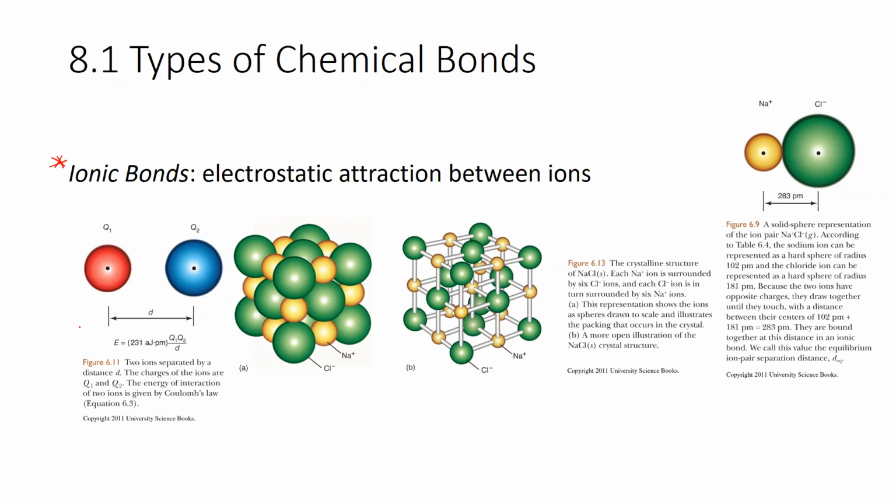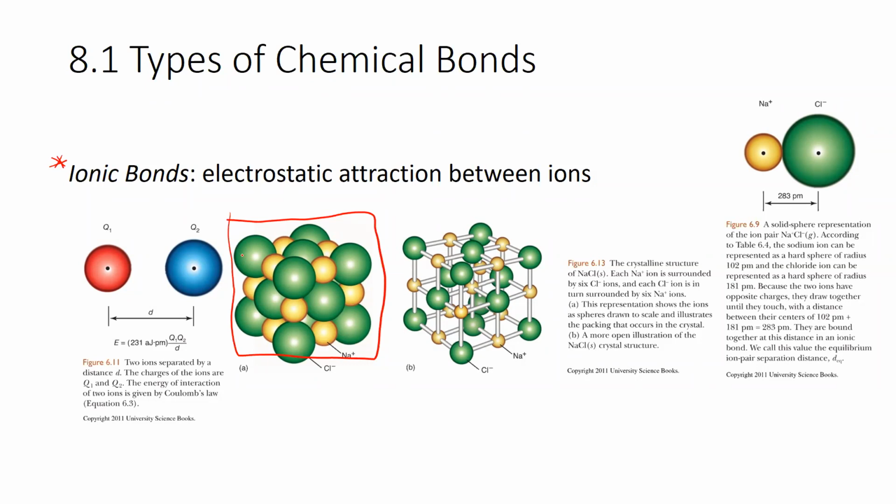So the energy of attraction between two ions. This figure here that I'm circling, that's a sodium chloride crystal, or at least a space-filling model of the sodium and chloride ions in this particular ionic compound.